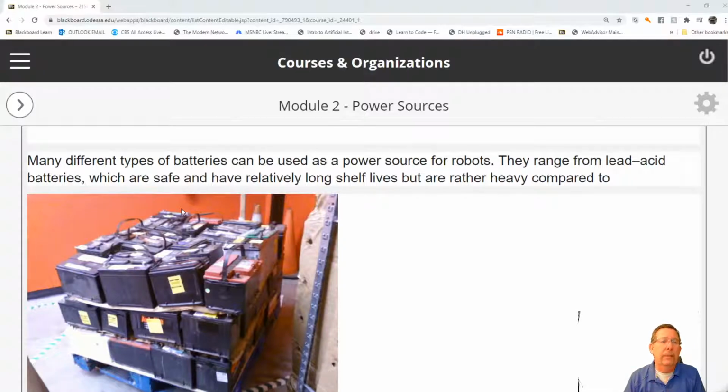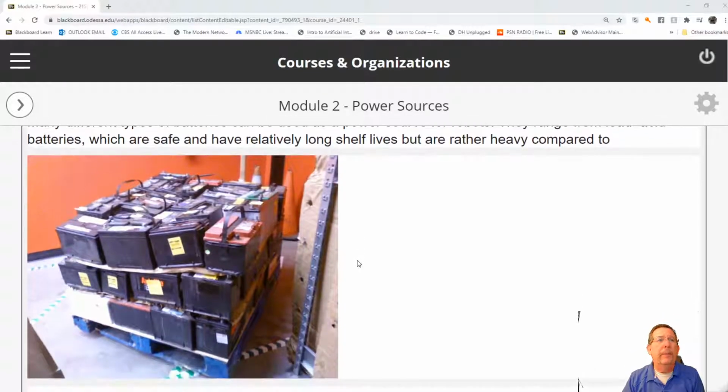The problem is they're heavy, but they also have a lot of ampere hours, a lot of oomph behind them. They look like car batteries, and you can use car batteries in robots if you needed to. One nice thing is if you've got a pedestal type of robot, you can put them in the bottom and it keeps it stable, right?